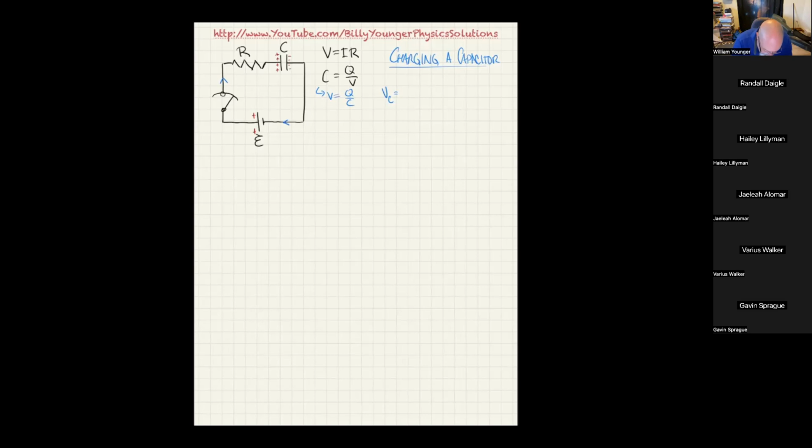So the voltage across the capacitor, when you solve this differential equation, is going to become E times 1 minus e to the negative t over RC. And I'm going to tell you that tau is defined to be the time constant for an RC circuit. And as an extra credit, you can show that RC units are equal to seconds.